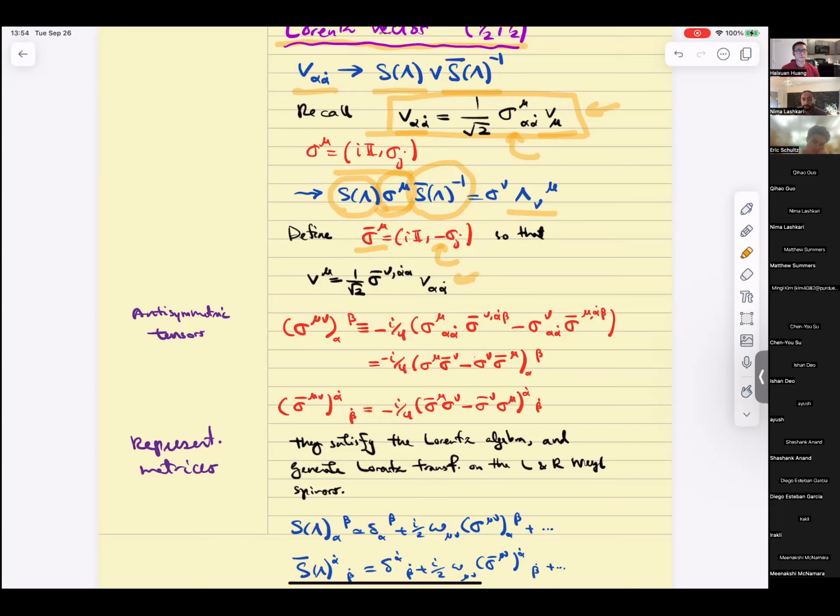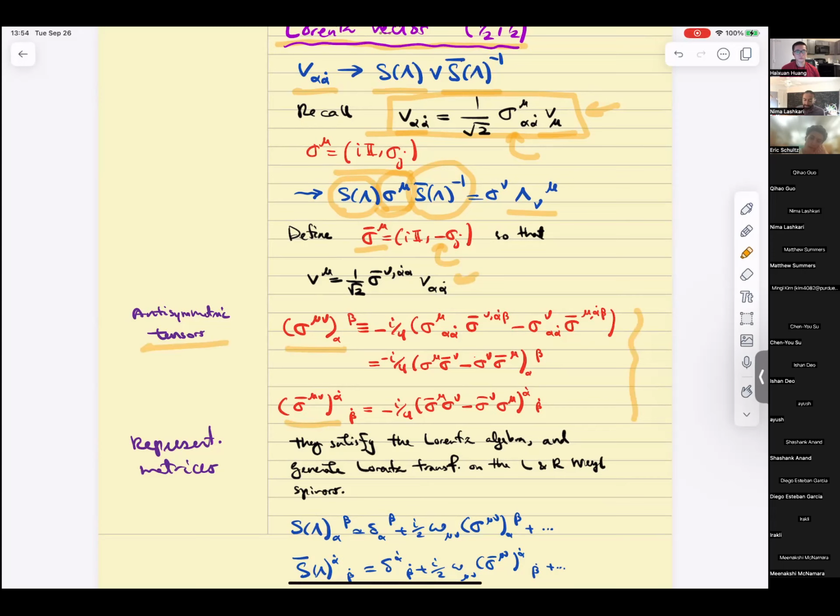Now, using this, I can define anti-symmetric tensors sigma mu nu alpha beta and sigma bar mu nu alpha dot beta dot. Getting used to these expressions, and why we have them, takes some exercise, homework, and just some playing around.